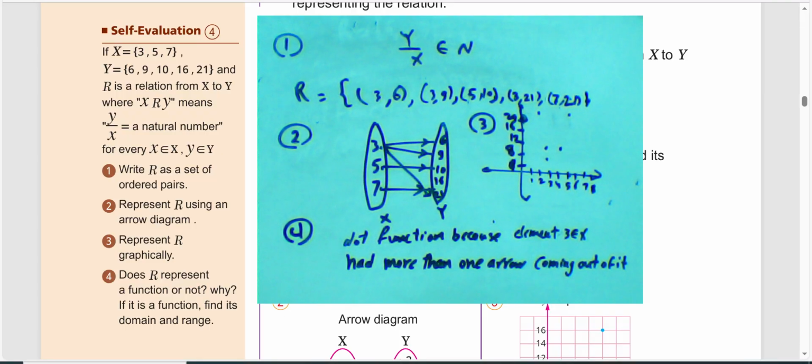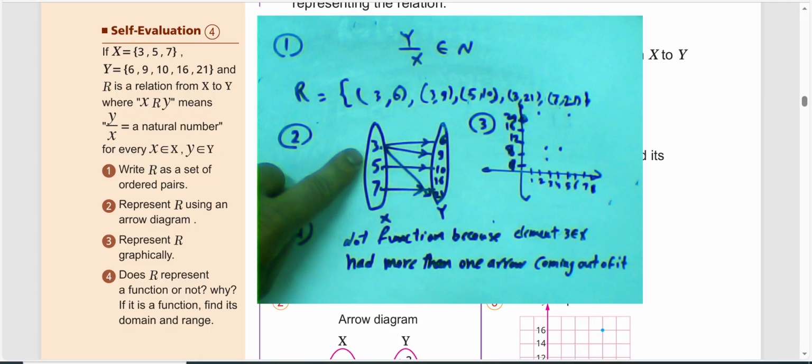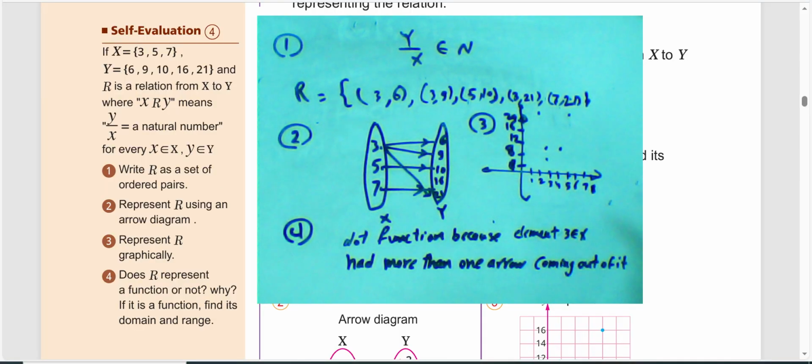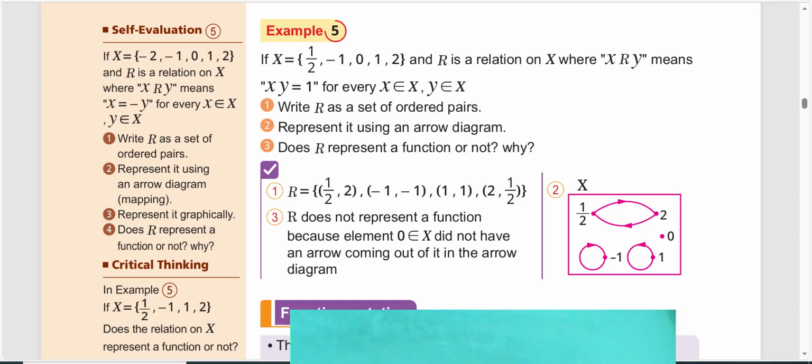Not a function because the element 3 had more than 1 arrow coming out of it. Okay, not function. Look at example number 5. He gave me x equal half, -1, 0, 1 and 2. The relation here is x times y equal 1, like half and 2, negative 1 and negative 1, 1 and 1, 2 and half.